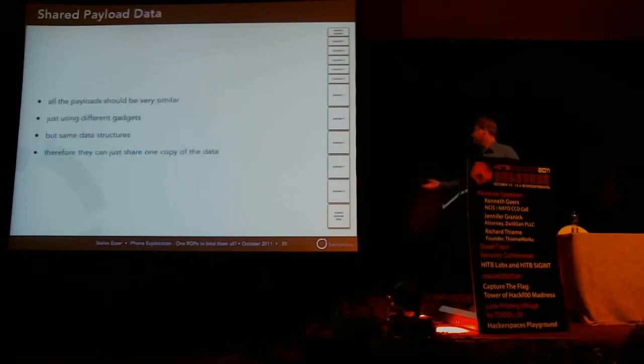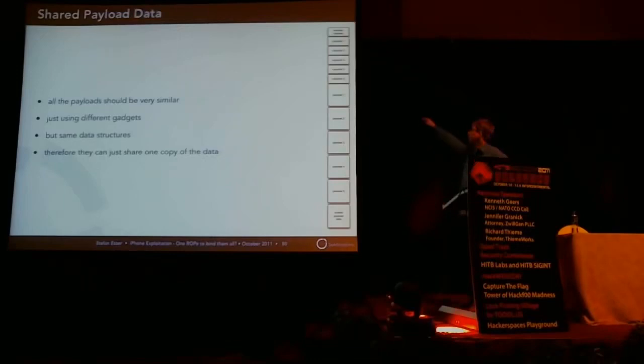And the last thing in my payload would maybe be shared data. When you have strings or so in your payload, you will just put it all down there in the shared data, because all the payloads will just use the same string, so you can just address it.